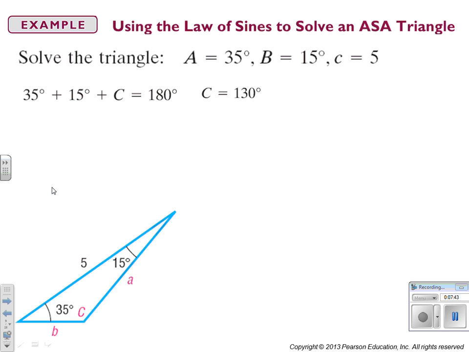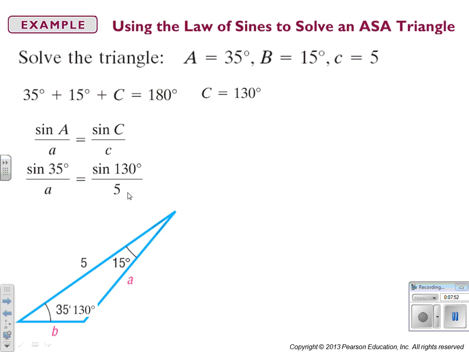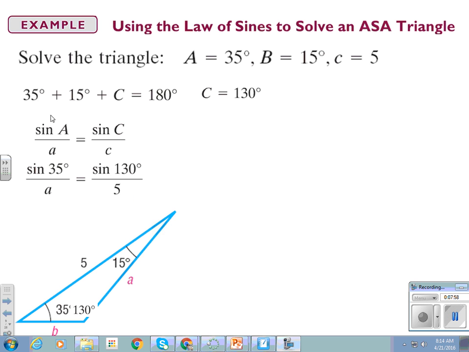And then law of sines says we're going to use sine of 30 over 5 as our solid informational piece. So we have sine of A over A, so we're solving for side A. We use sine of C over C because we have both 130 and 5, so we can fit those in and have only one unknown.